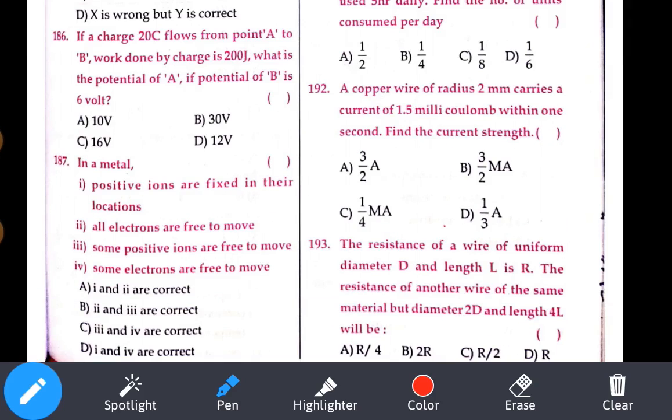192nd question. The copper wire of radius 2 mm carries a charge of 1.5 millicoulombs in 1 second. Find the current strength. It's a very easy question.